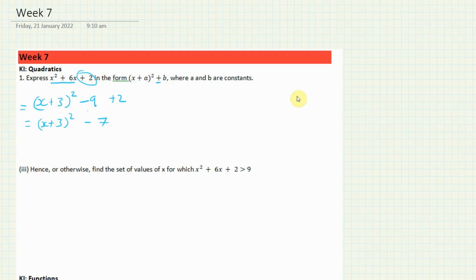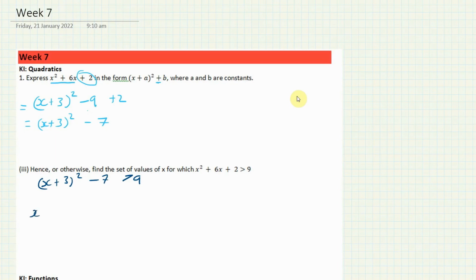Okay. Moving on, so hence or otherwise find the set of values for which this is greater than 9. What we're going to do here is write x plus 3 all squared, take away 7, is greater than 9. Now what I'm going to do is find out where it equals 9, okay?